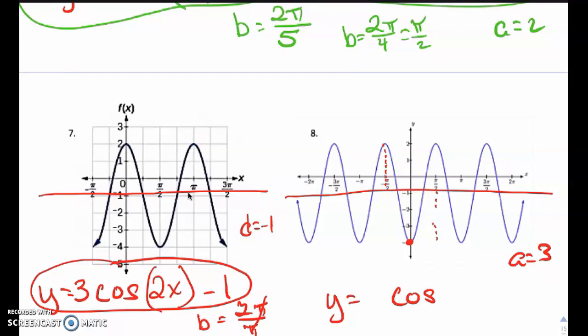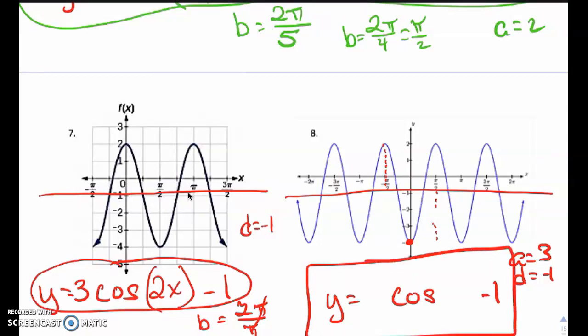And then it has to be my D value, forgot to put that down, is -1. So it's going to be -1 out here. So I know my equation is going to look something like this. Amplitude we said was 3.